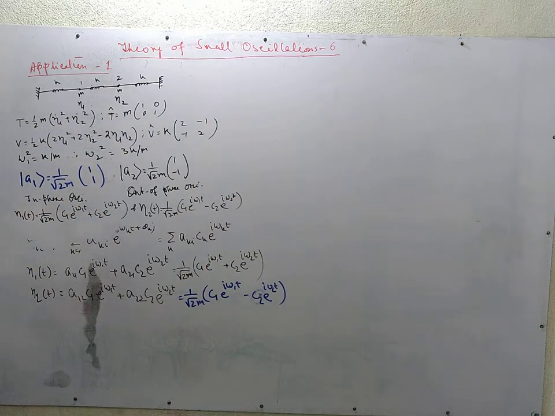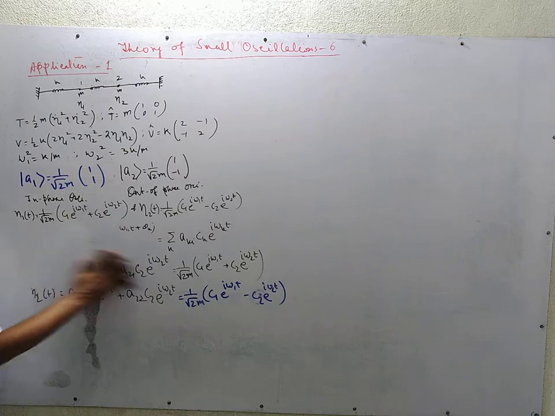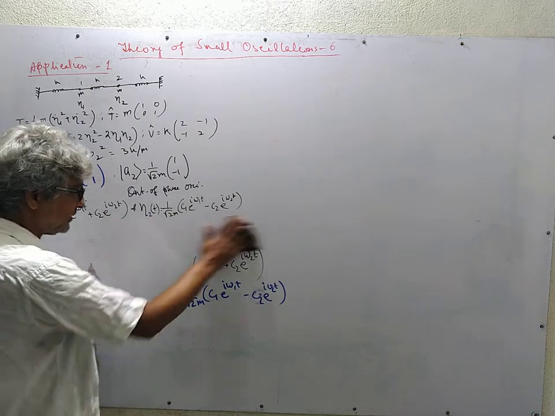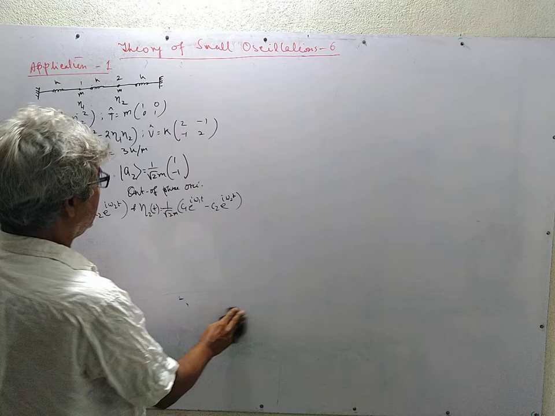Now coming to the modal matrix. The modal matrix is the matrix that is obtained from the eigenvectors.